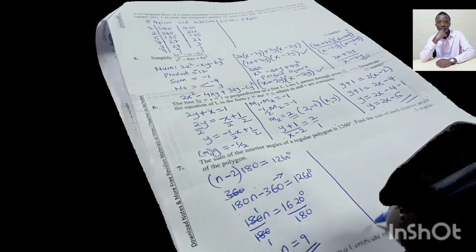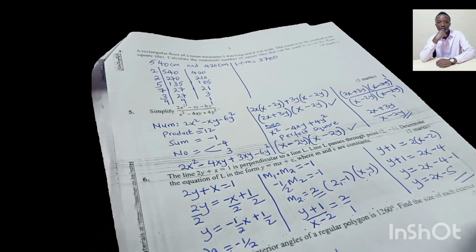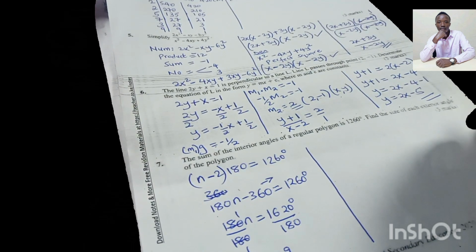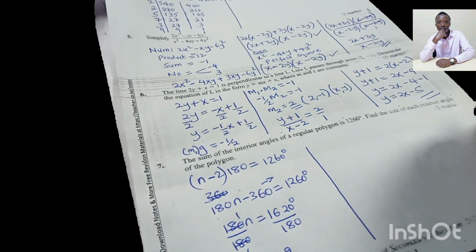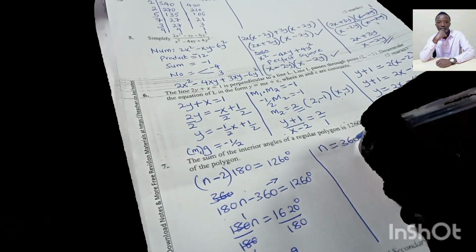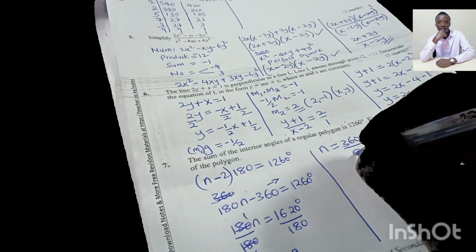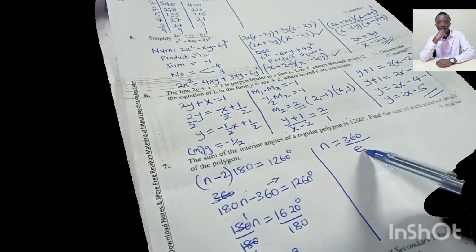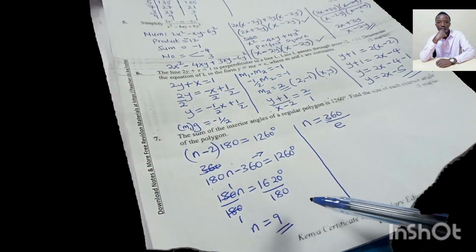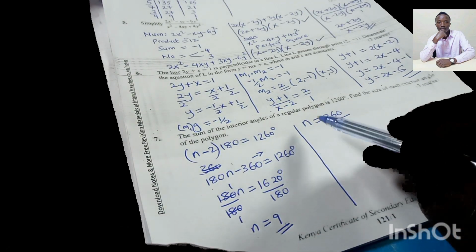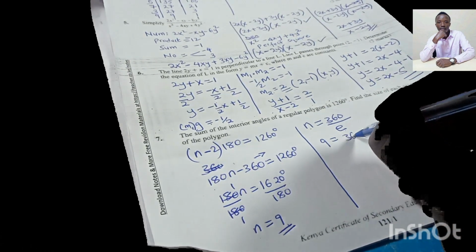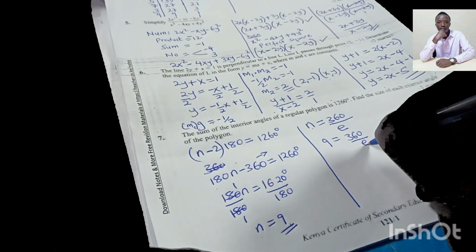So for us to find the size of each exterior angle, we are going to use the formula n is equal to 360 over the size of the exterior angle. So we can say that E represents the size of the exterior angle. We already have our n is 9, and now we are going to substitute it here. I have 9 is equivalent to 360 over the size of the exterior angle.